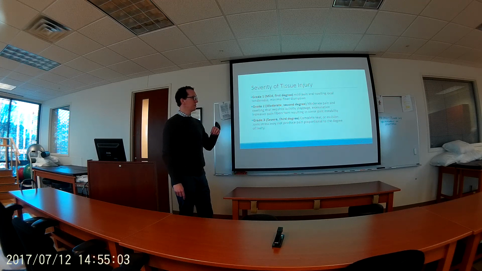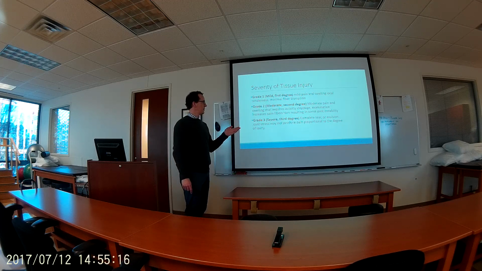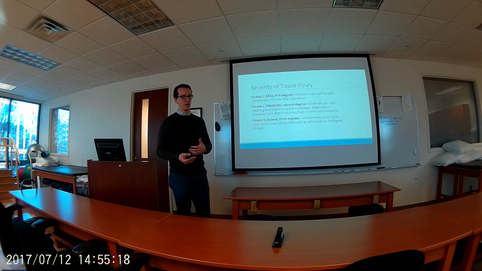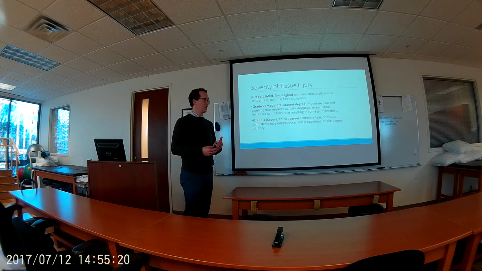A grade 2 is a moderate or second-degree injury. Those individuals have moderate pain and swelling that require activity stoppage. The examination increases pain because there are torn fibers that are going to cause joint instability. And a grade 3 is very severe. It's a complete tear or an avulsion.